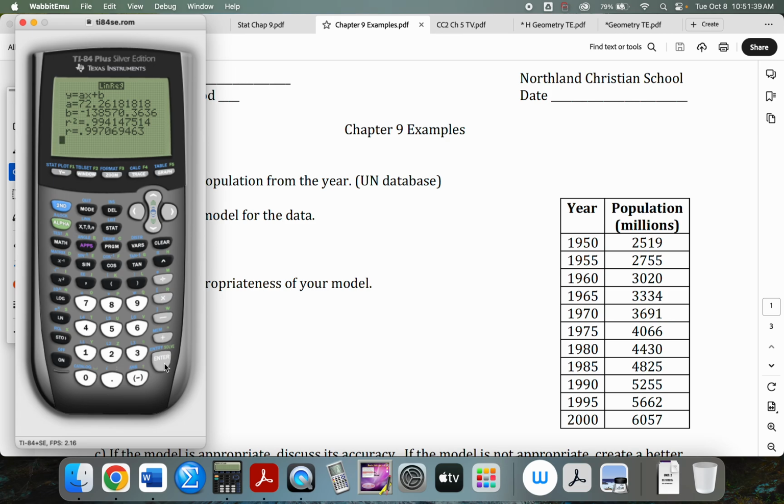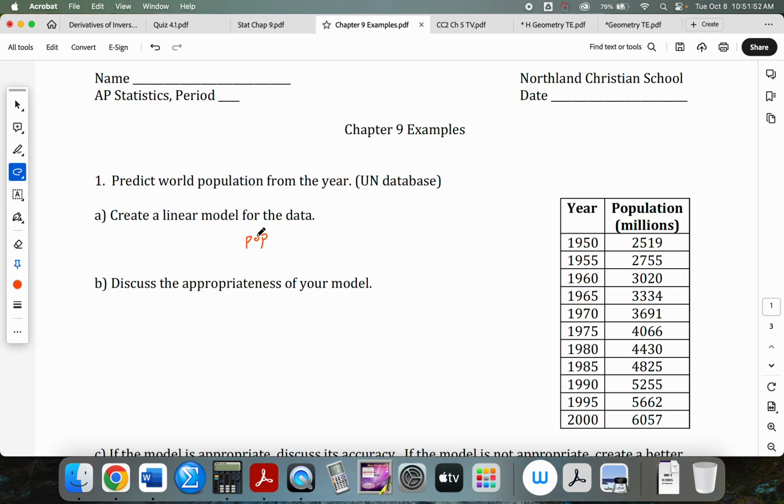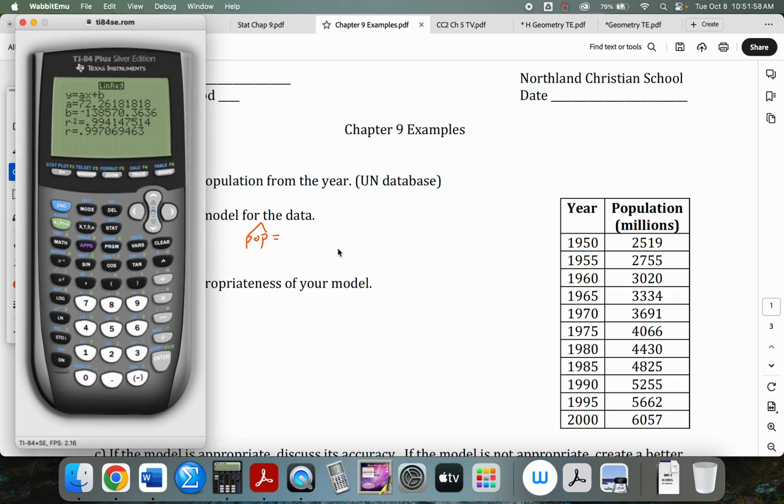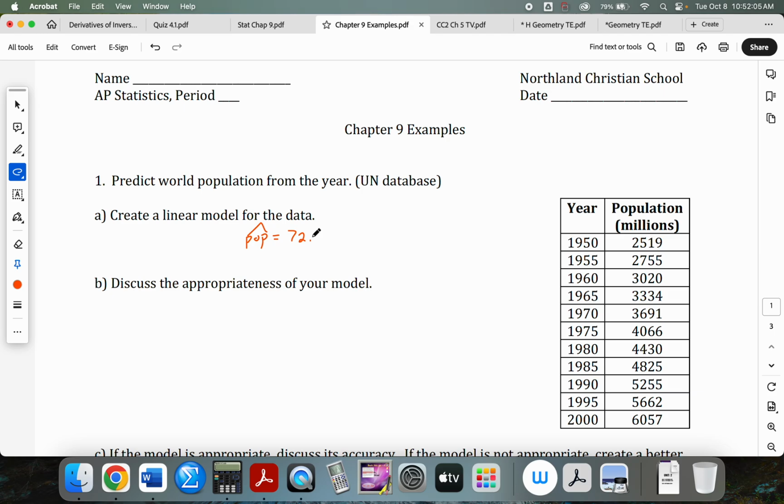So hopefully in both cases we're getting the same numbers. So the predicted population is equal to, let's see, 72.262. Are y'all getting the same thing?